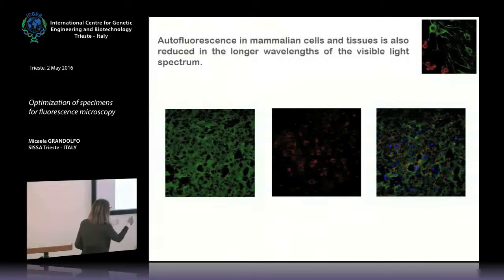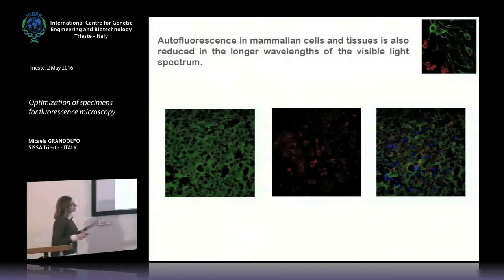As you can see, in the green range this antibody doesn't work properly, but this is another problem, and you can see that there is a lot of autofluorescence. In the red region of the spectrum it is not a good staining either, but you can distinguish the staining in this case.